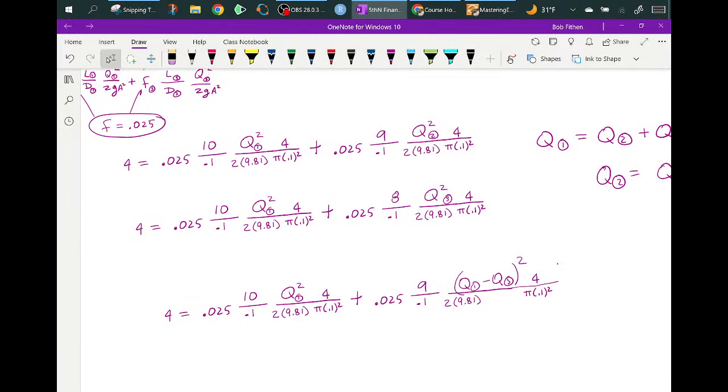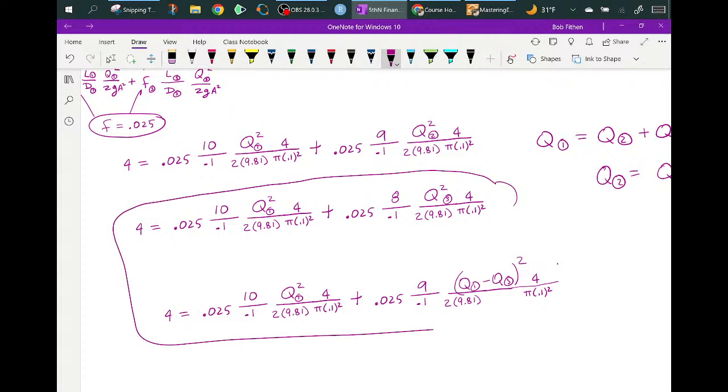If you look at this wonderful equation, you have two equations and two unknowns. I do not think he solved this correctly.